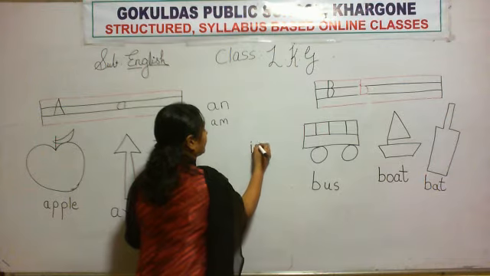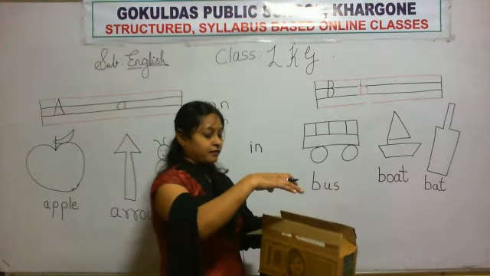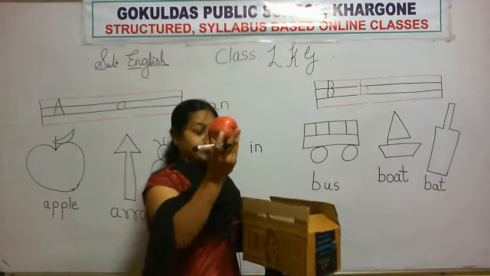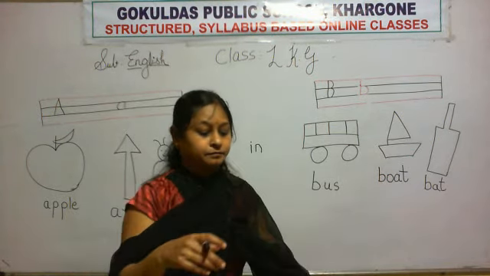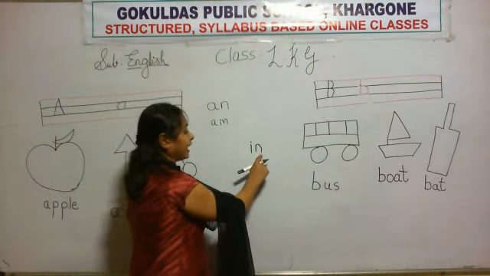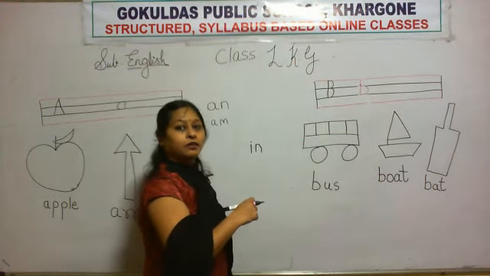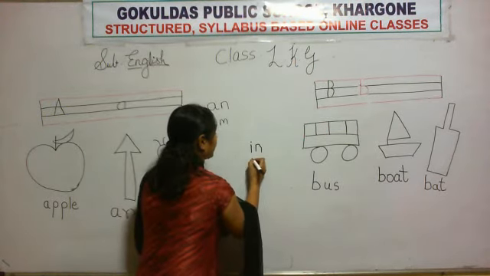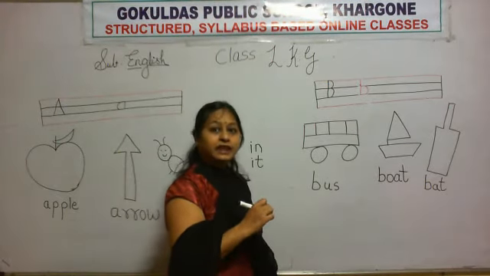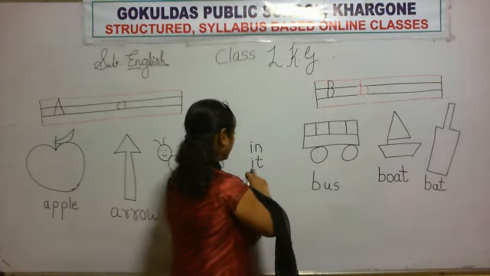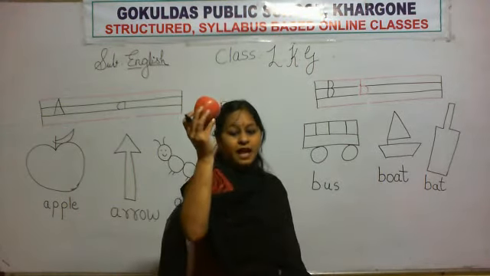I am. In. In means we have to put anything in. Which thing is inside the box is in. I and in. It. I, T. It. That means it is an apple.